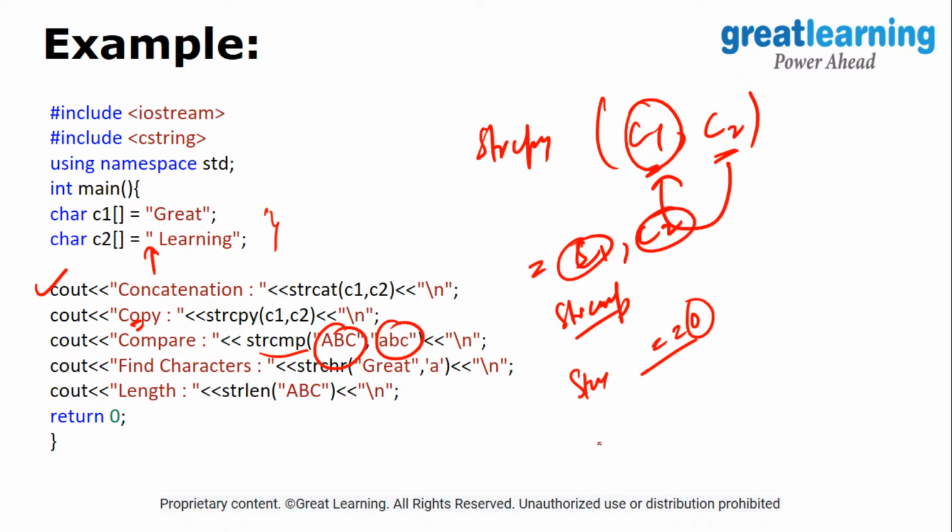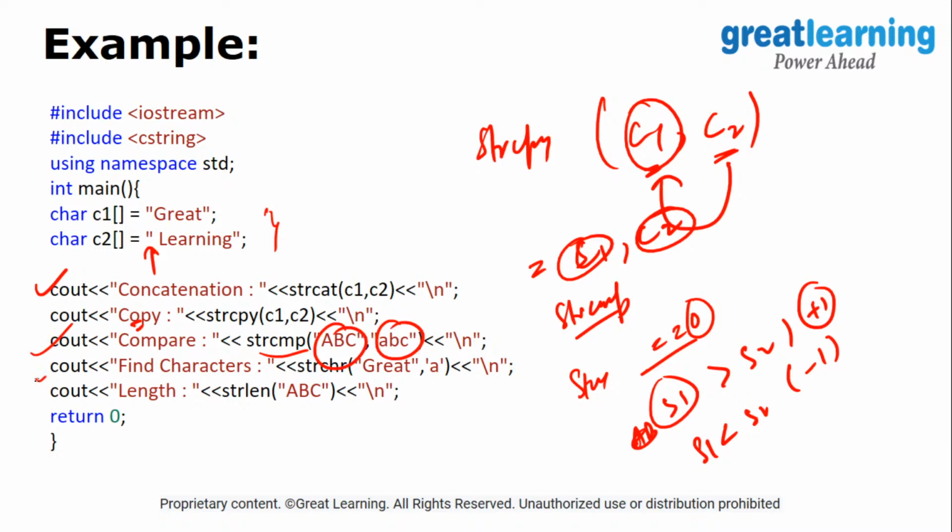If string 1 is greater than string 2, at that time you will get a positive output. You will get 1 as your output. Else if S1 is less than S2, in that case you will get a negative value, that is -1. This is the compare function strcmp.